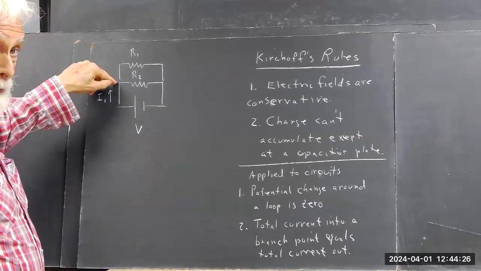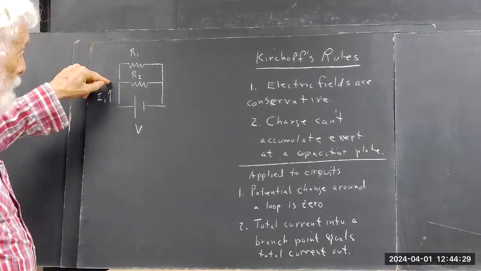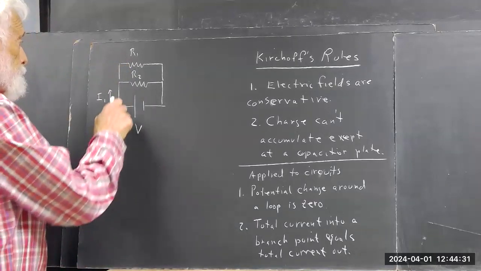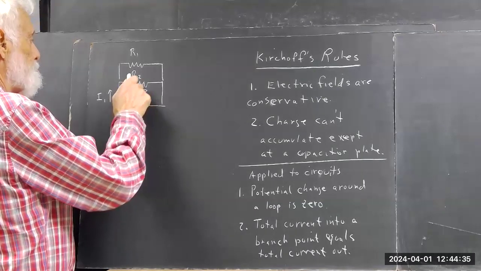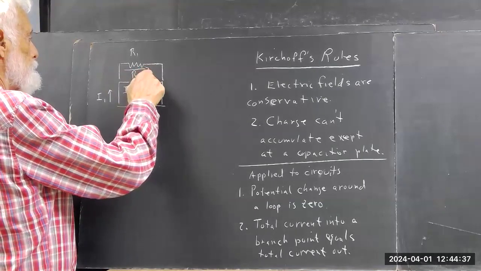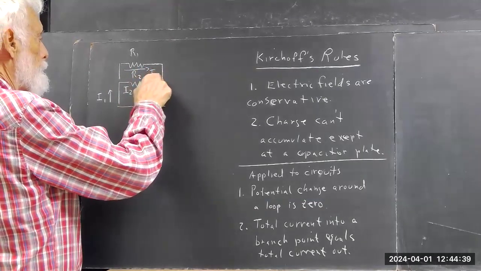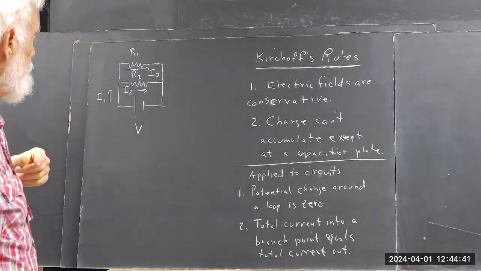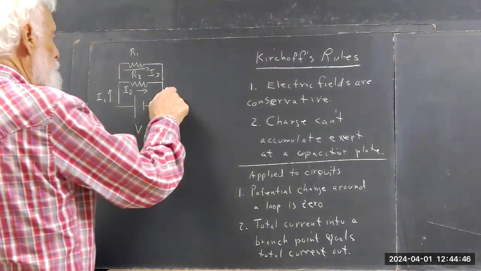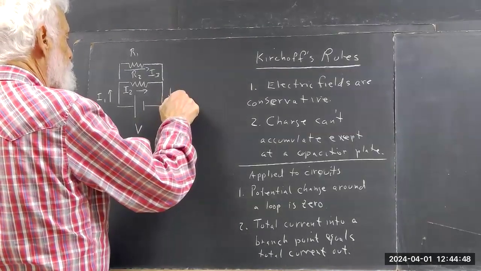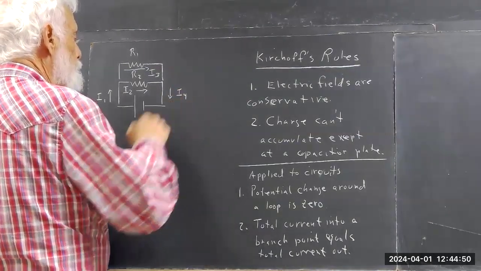Up here's a branch point, so current I1 branches off. Its currents are I2 and I3. And then you might shout, there we've got a current I4 here.